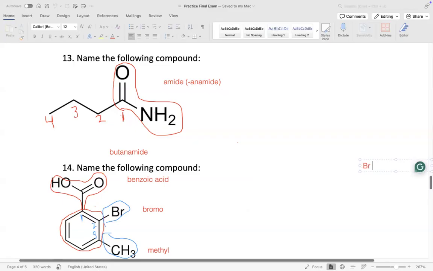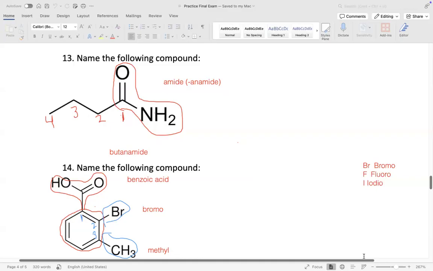I'm going to write this over here on the side. For bromine, the branch is called bromo. For fluorine, the branch is called fluoro. For iodine, I don't know how to say it, iodo.